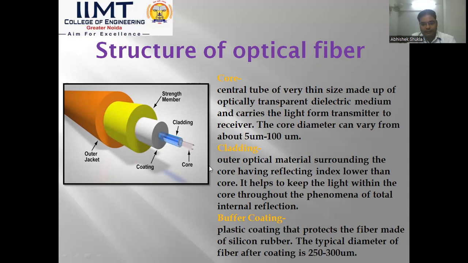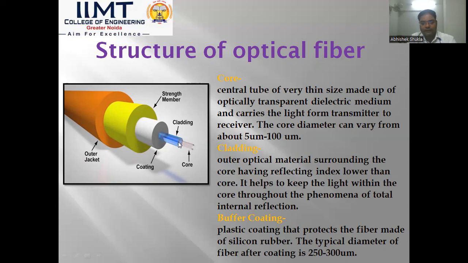And the cladding is the outer optical material surrounding the core, having a refractive index lower than the core. For a good communication channel, we have to keep in mind that the refractive index of the cladding must be lower than the core.